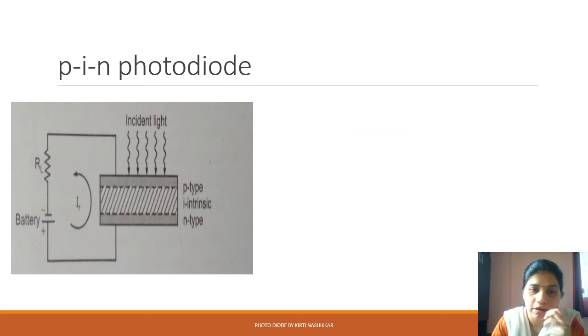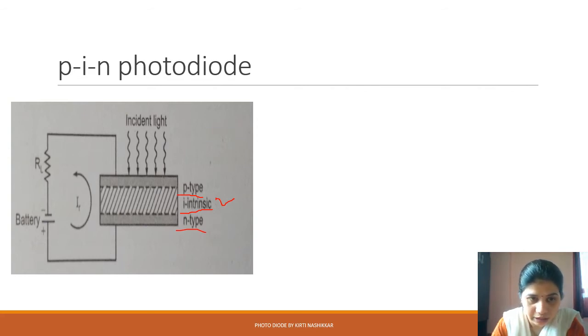Now this is another photodiode, also known as the PIN photodiode. Here the only difference is that an intrinsic semiconductor is sandwiched between the P and N types, and the width of the intrinsic semiconductor is large.